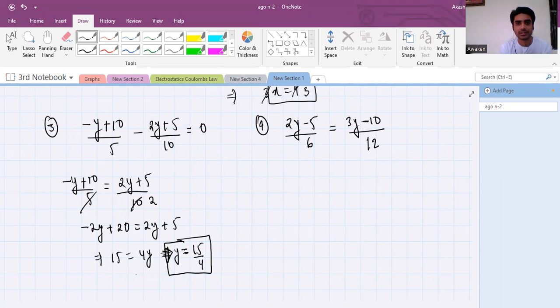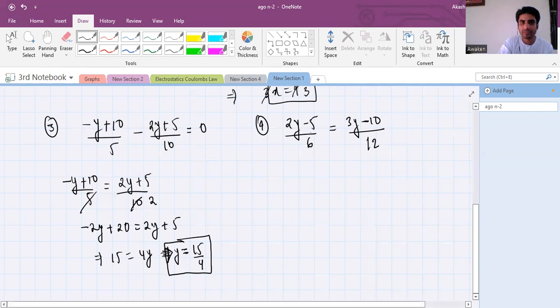I did (2y minus 5) by 6 is equal to (3y minus 10) by 12. So 6 twos are 12. Then 2 goes there, 4y minus 10, then you get 3y minus 10.